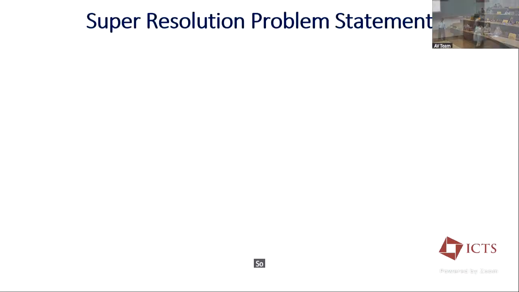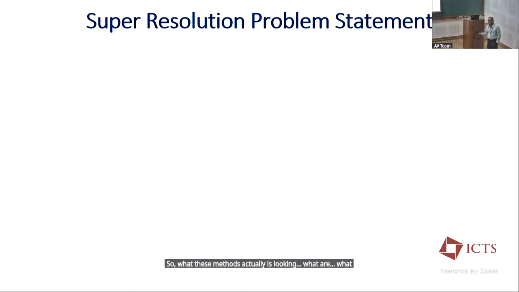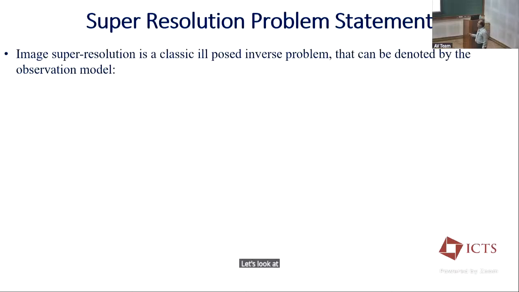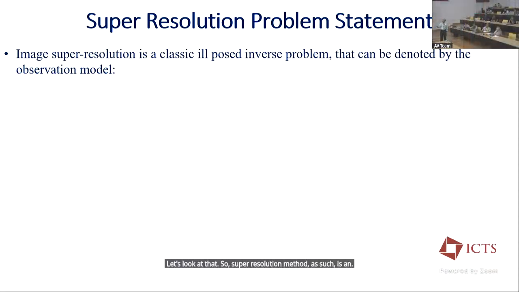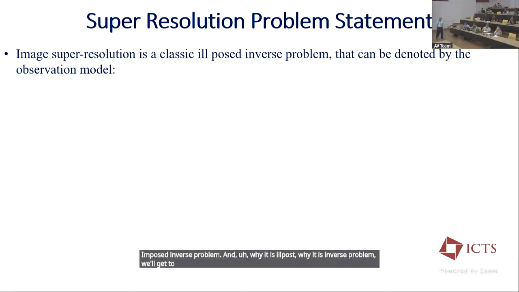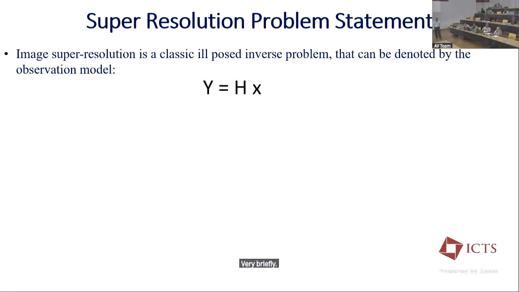So what is this method mathematically all about? Let's look at that. Super resolution as such is an ill-posed inverse problem, and why it is ill-posed, why it is an inverse problem, we'll get to understand. The method, very briefly, can be described as y equals h of x.